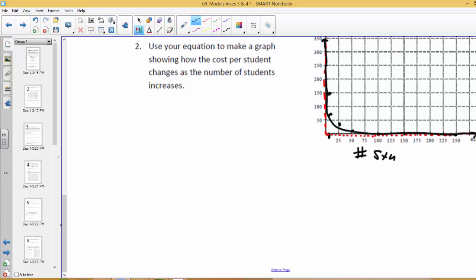It's flat, never crosses the axis. It will never be equal to 0. So as x increases, y decreases less and less.